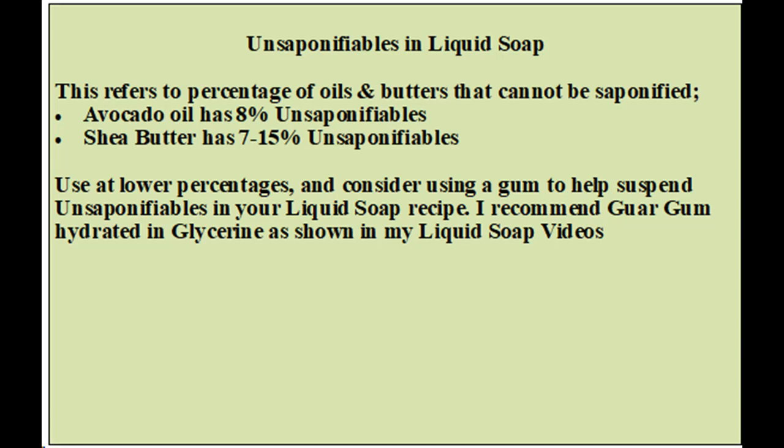If you're formulating liquid soap with avocado oil or shea butter, you have to take into consideration that there are portions by weight inside either the avocado oil or the shea butter that are unsaponifiable. So that will always create a superfat no matter how much lye you add. It's not going to convert 8% of the avocado oil, and with shea butter it's a range. It's never a fixed percent, between 7 and 15% unsaponifiable.